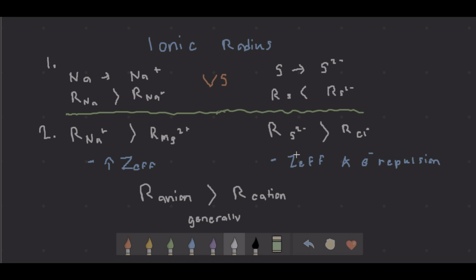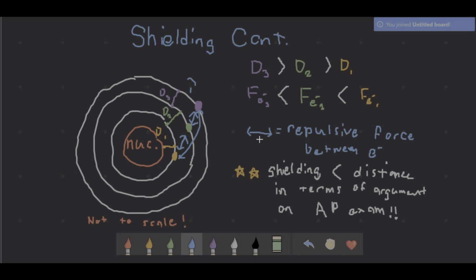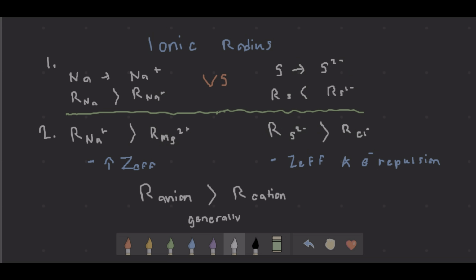And also, since sulfur gains more electrons, we can use the concept that I reviewed earlier, shielding, which is basically a term talking about electron repulsion, and we can use that as a reason, just like in concept in our heads. And generally, another rule is that the radius of an anion is larger than the radius of a cation.